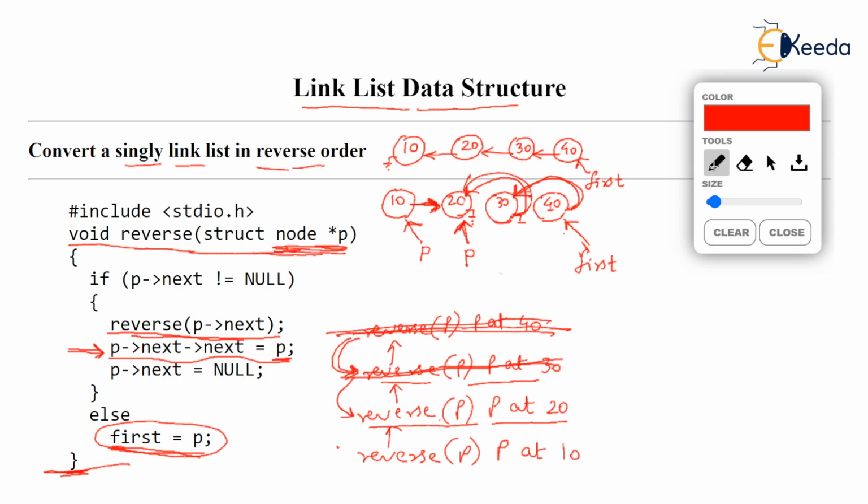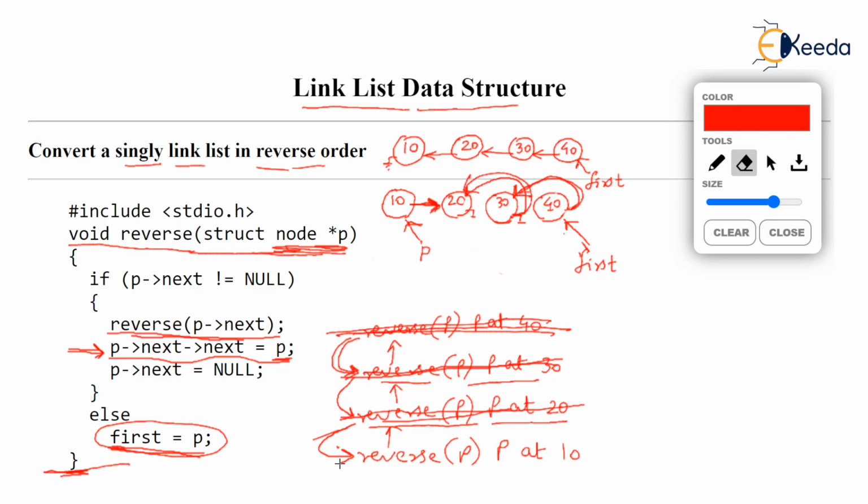Well, after P arrow next becomes null, the if ends and obviously the function ends. So this function, P at 20, comes to an end and we are back to the function reverse 10. Very interesting, isn't it? Reversal of a singly linked list.